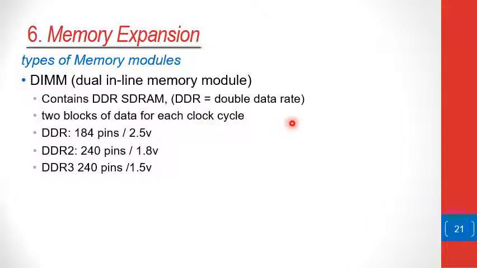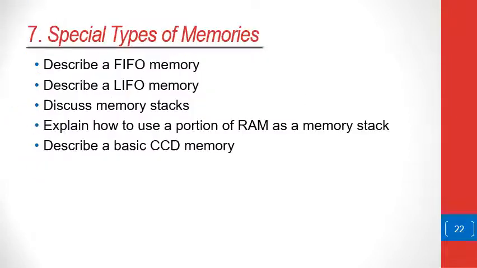So it's double data rate. And there are multiple types of double data rates, and they differ with the number of pins that they have, as well as the source voltage that they use. So there will be DDR 1, 2, and 3 differing based on those 2 specifications.